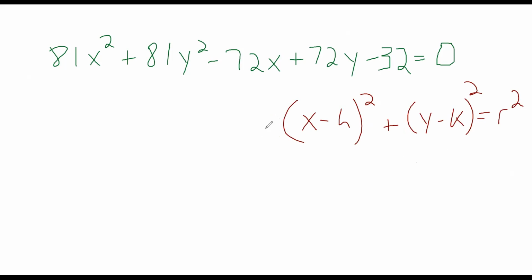What we want is a 1 here. If there's nothing written, there's an implied 1. So a big component of what we're going to have to do is make sure there's a 1 ultimately in front of the x squared and a 1 in front of the y squared. Since they both have an 81 in front of them, we can divide the whole thing by 81, and that's going to take care of that for us.